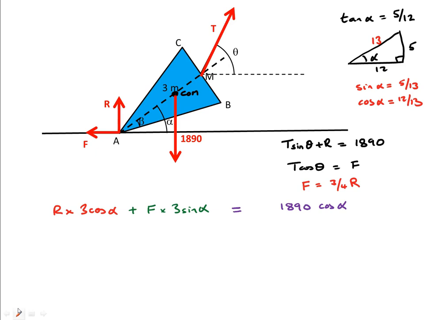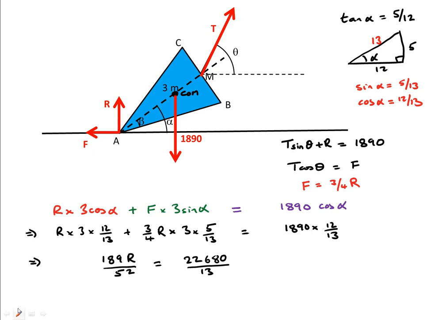The moments equation can be simplified quite a lot, to R times 3 times 12/13 plus 3/4 R times 3 times 5/13 equals 1890 times 12/13.